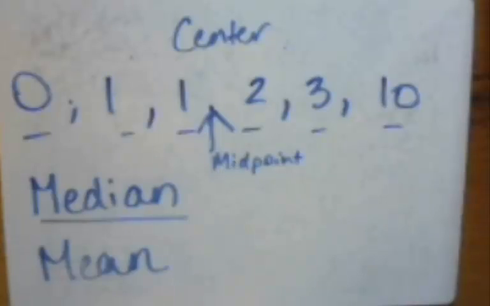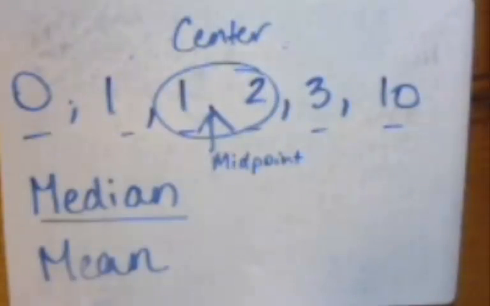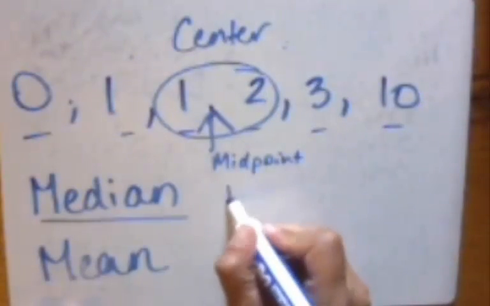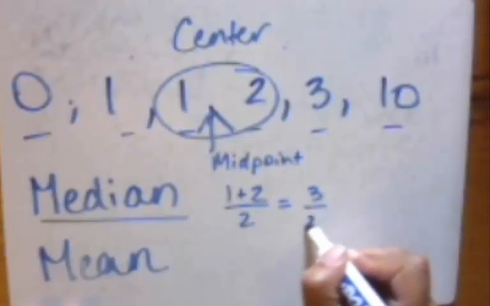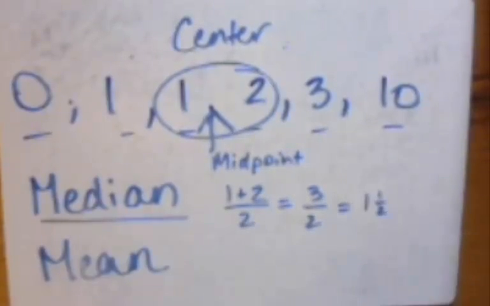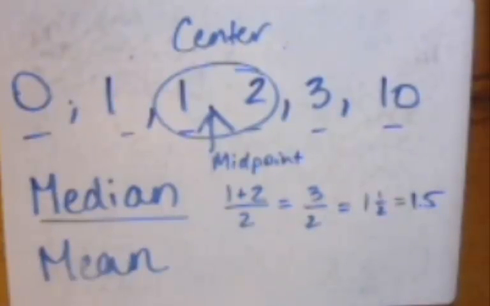And if I were to point to the middle of the data, there's actually no middle data point. If there was, that would be the median. But since there's not, we're going to take the midpoint of 1 and 2, or the average of 1 and 2, which is 1.5, or 3/2.